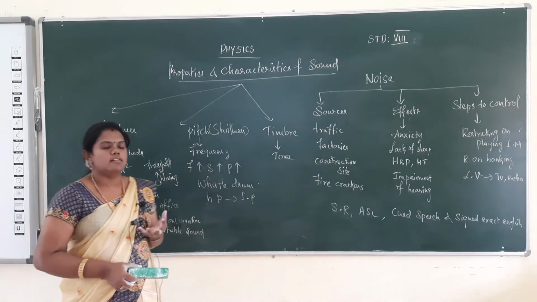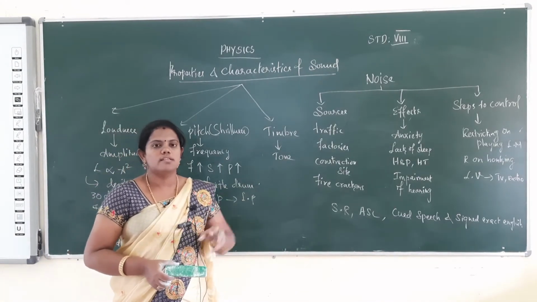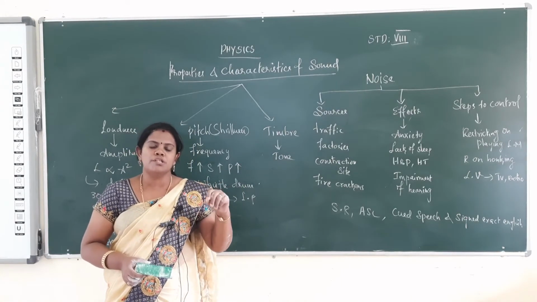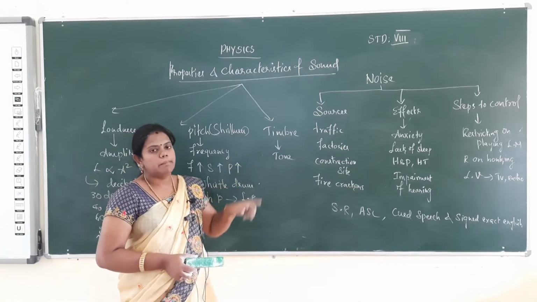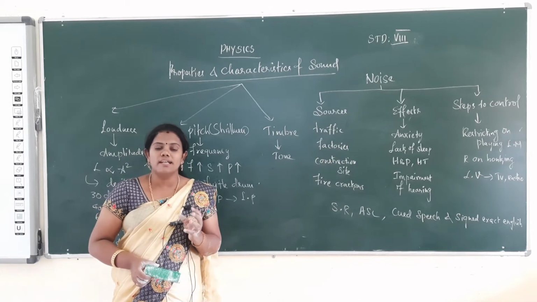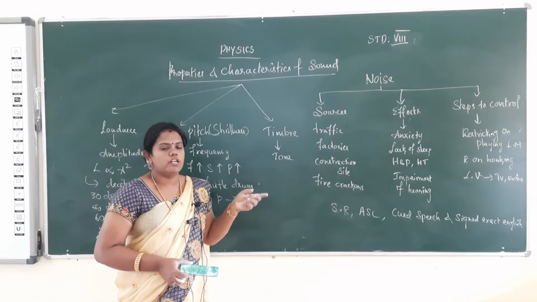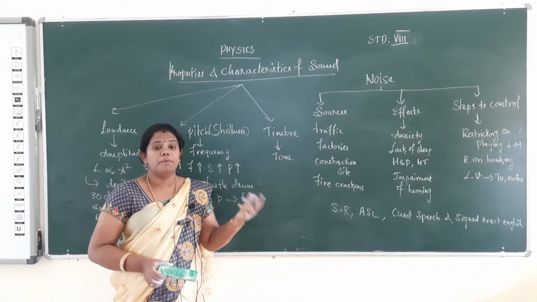If you hear two or three sounds at the same pitch or same loudness, then distinguishing them more finely is done by tone. So tone is called timbre. It is the auditory sensation of your ears, and it distinguishes even minute differences among pleasant sounds. Tone is used to distinguish sounds of the same loudness and same frequency, same pitch.